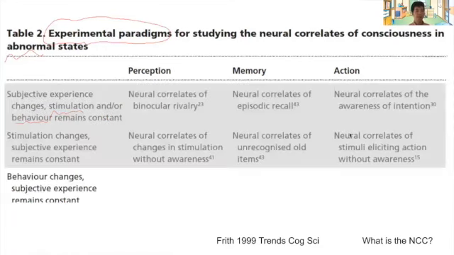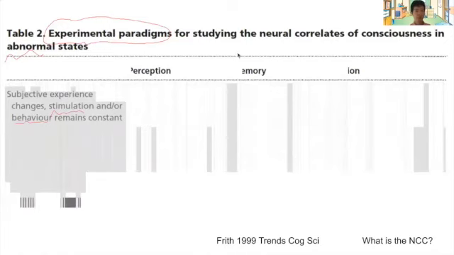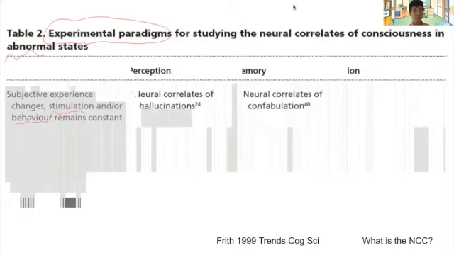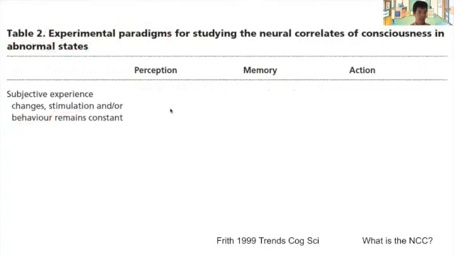And then the next one is abnormal situations, abnormal states, like the ones that are reported by patients or under hallucination or something like that. Okay. So here, let's go with the first one. Subjective experience changes, and then stimulation and behavior remain constant.